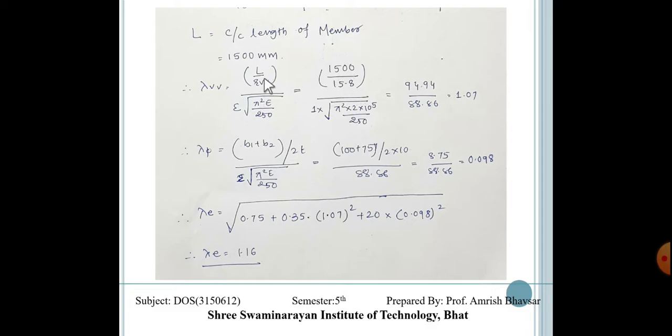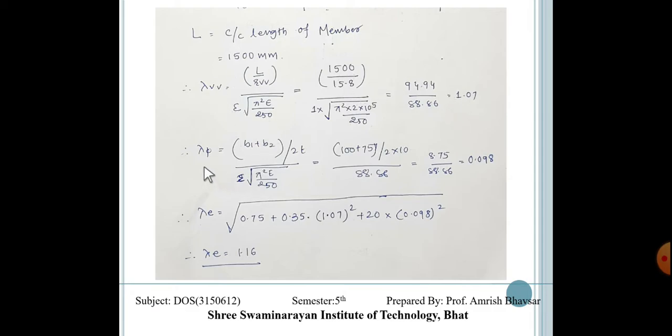Now lambda vv and lambda phi have equations. Lambda vv is equal to L upon rvv upon epsilon under root of pi square E upon 250. First of all we need the length, which is given in our question, that is 1500 mm. Putting in all the values, we get lambda vv as 1.07.